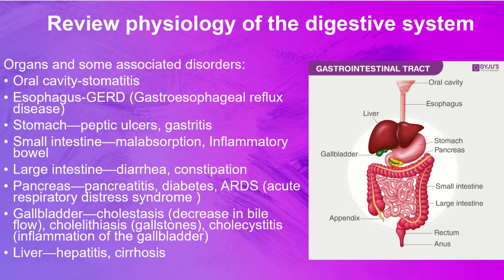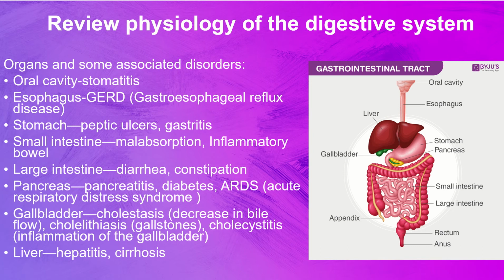So let's look at some organs and some associated disorders. In your oral cavity, you could have stomatitis, and in your esophagus, you must have heard of GERD, which is gastroesophageal reflux disease. In your stomach, very commonly, you have peptic ulcers, gastritis.